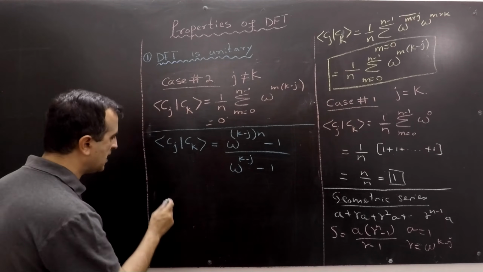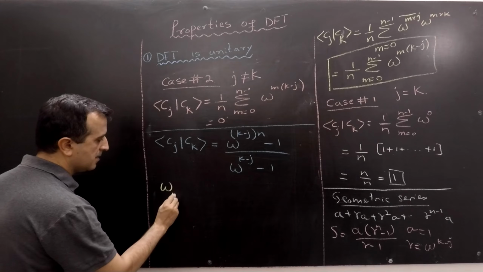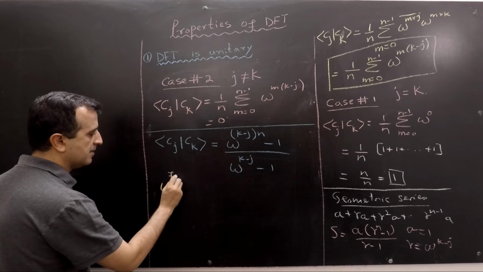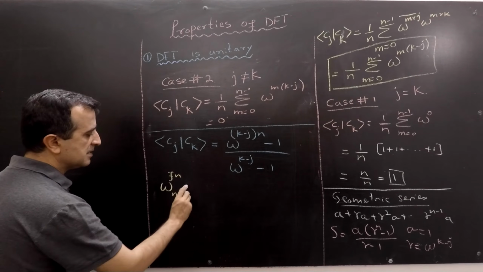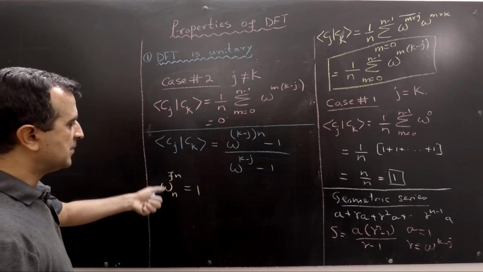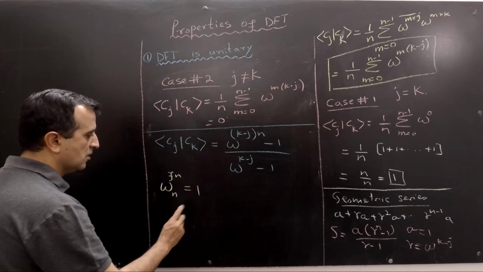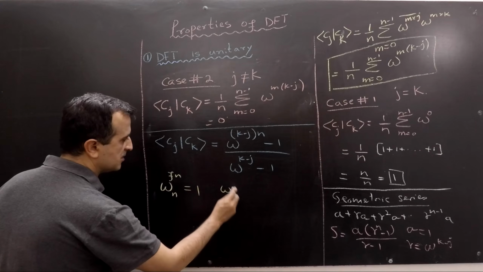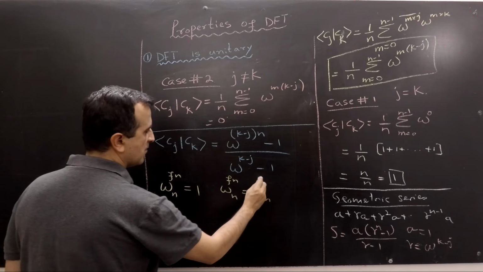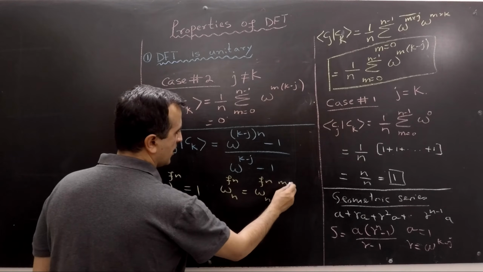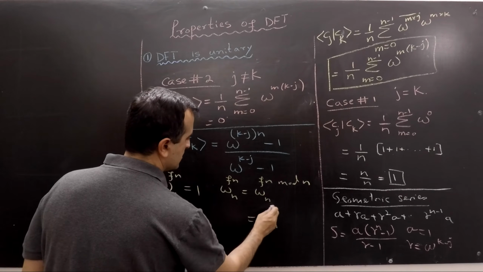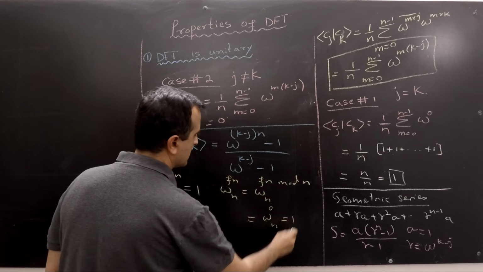Now whenever we have omega_n raised to a power that is any multiple of n, let's say fn, then this is always equal to 1. It is because omega represents a modular function, so we can write omega_n raised to power fn as omega_n raised to power fn mod n, and this will be equal to omega_n raised to power 0, and that will be equal to 1.